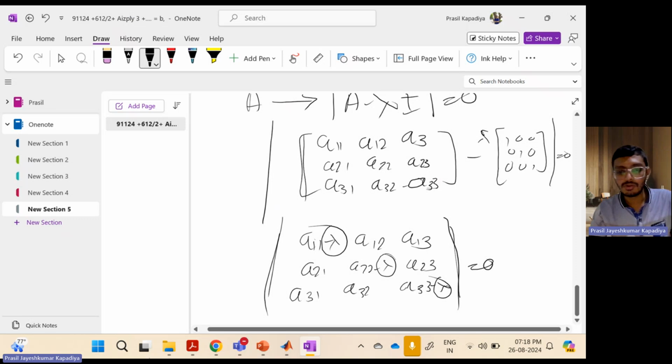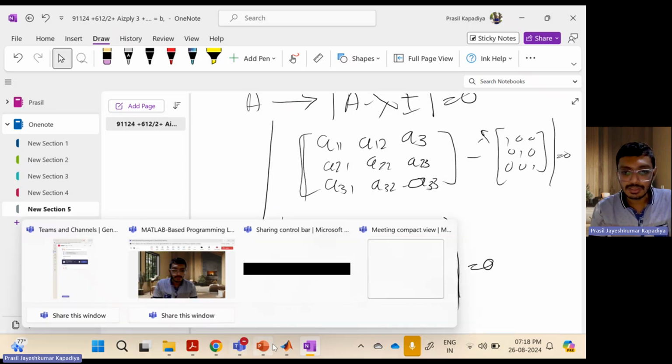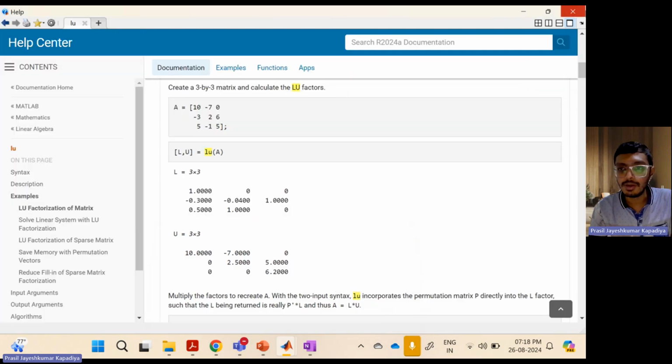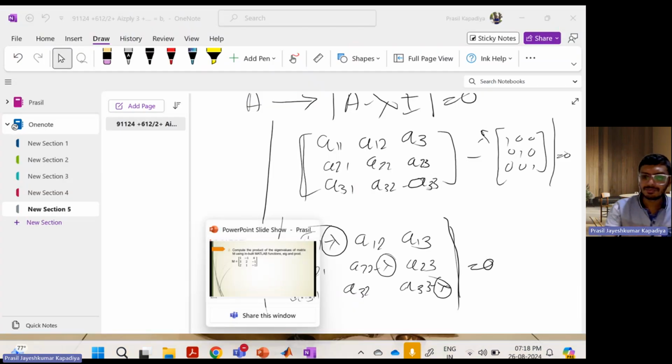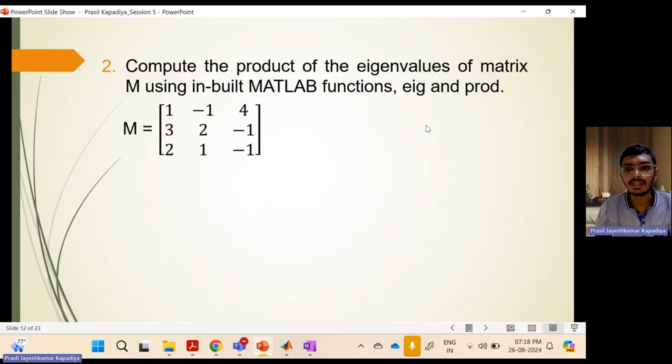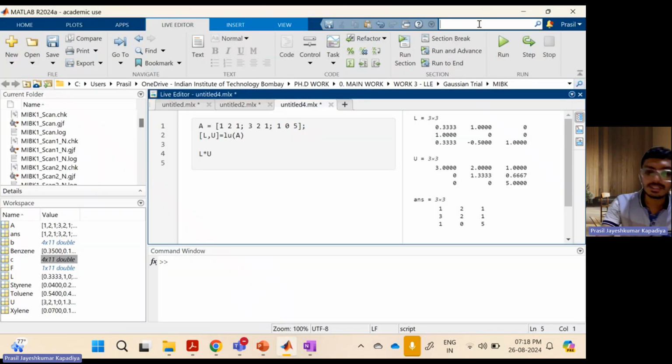In MATLAB we don't need to write down everything. We can just directly call the inbuilt functions mentioned in the question: eig and prod. Let's see eig.